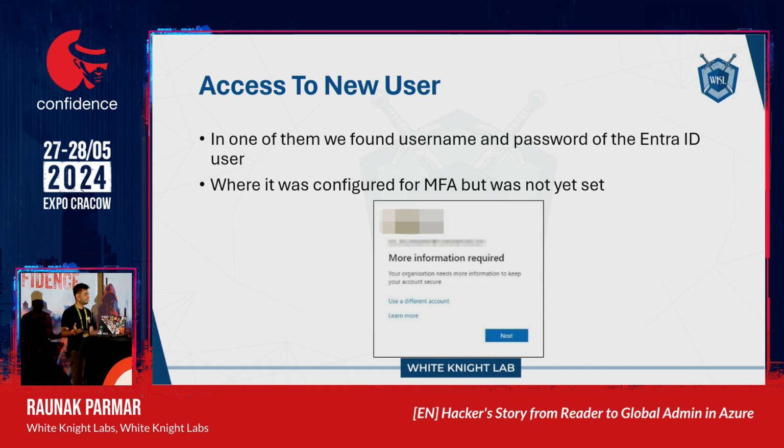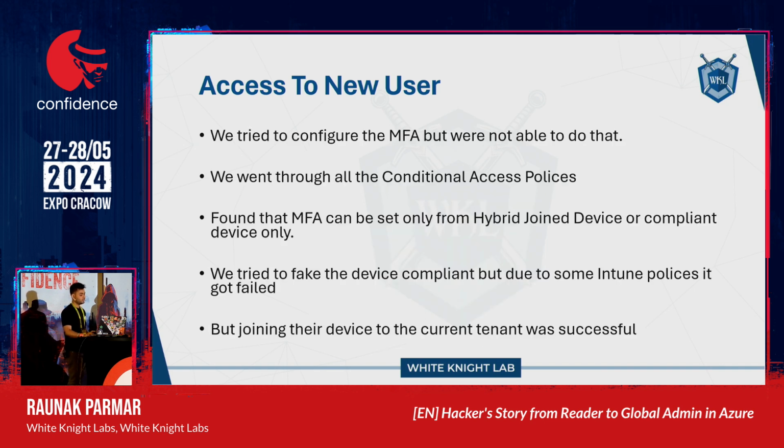Although when we logged in, it asked us to configure an MFA. The user hadn't even configured his own MFA, so it asked us to configure it. But because of some conditional access policies or other settings, we were not able to. When we reviewed the conditional access policy, it said you can configure your MFA only from hybrid joined or compliant devices.